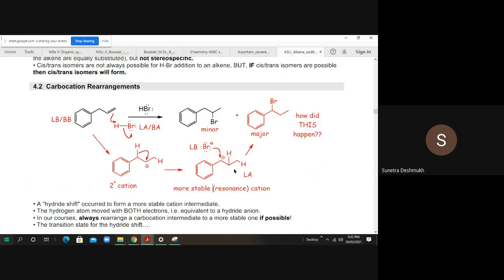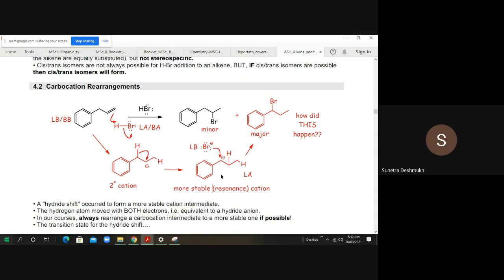And we know that a carbocation which is highly stable forms much faster. Once the carbocation forms, it acts as a Lewis acid. So this one is the Lewis acid now, and Br minus acts as a Lewis base.